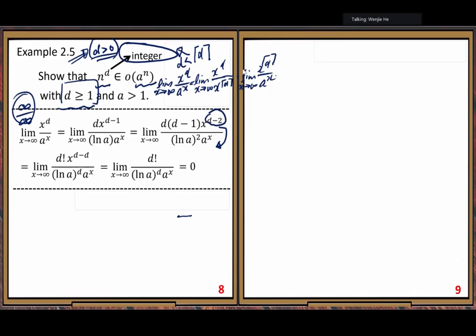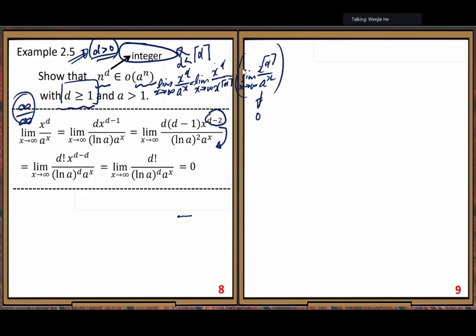We insert x to the ceiling of d as a bridge, a stepping stone. And we proved this limit is 0, right?